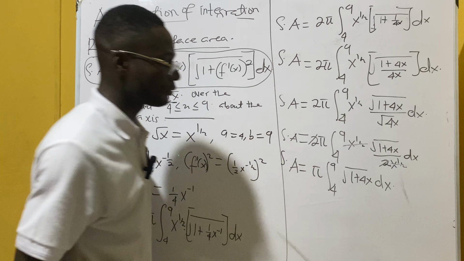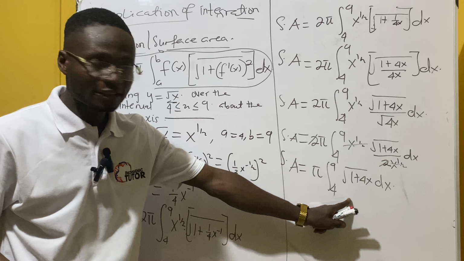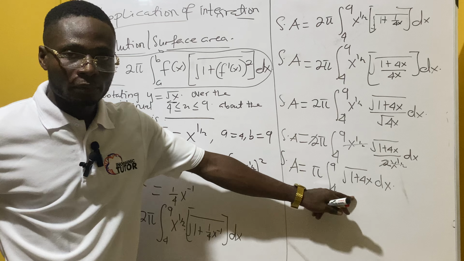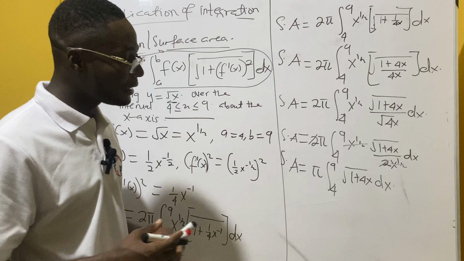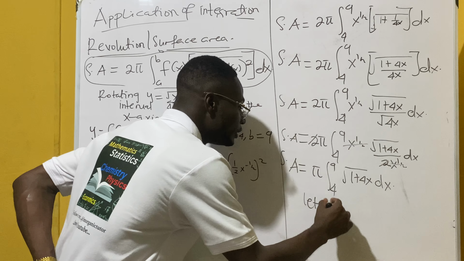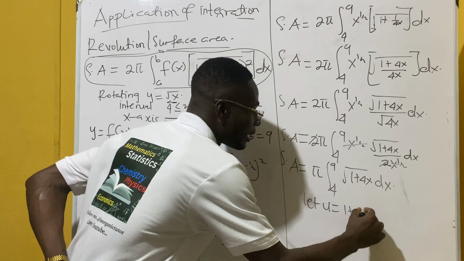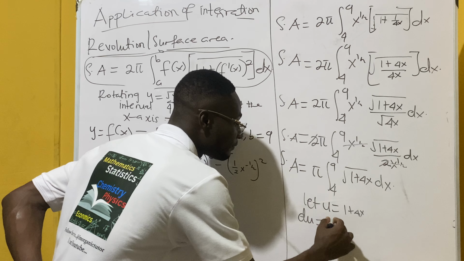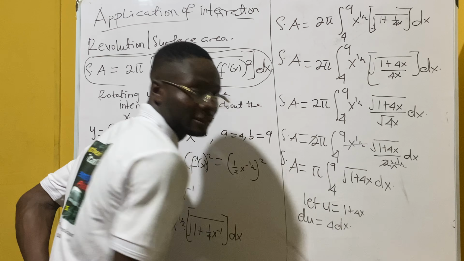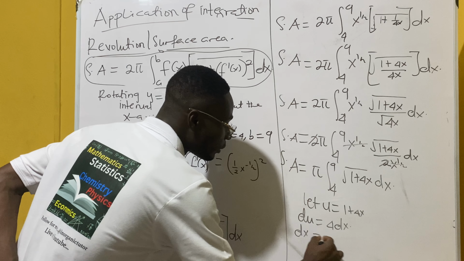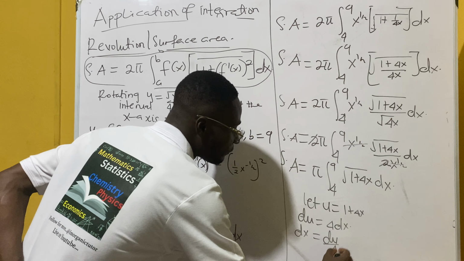dx. Okay, so once we have this information, we can go ahead and do u sub. Okay, so applying the u substitution, we can say that let u equal 1 plus 4x right here. So differentiate both sides, we have 4 dx. Okay, so we're going to have our dx to be equal to du on 4, right?